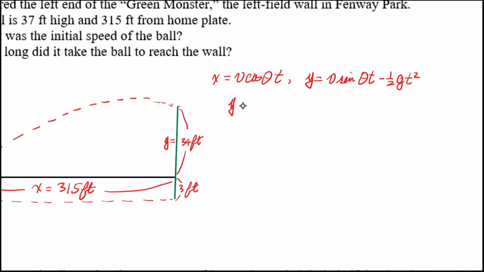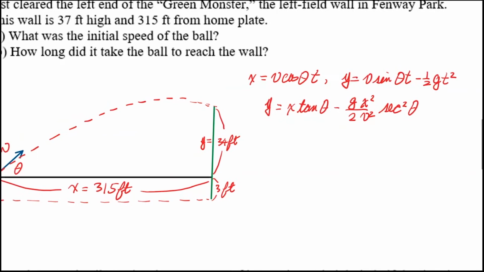If you eliminate t, then we get x tangent theta minus g x squared over 2v squared, and then secant squared theta. This is, in essence, the football problem we did together in class.